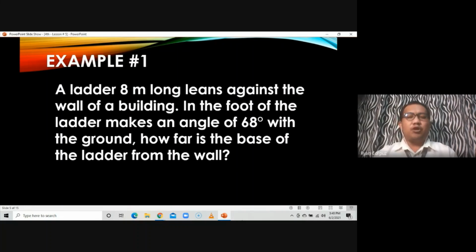We mentioned last time when we were discussing problems involving right triangles that in order for us to easily solve it, an illustration will help us, because through that illustration we can visualize what is happening in the problem.